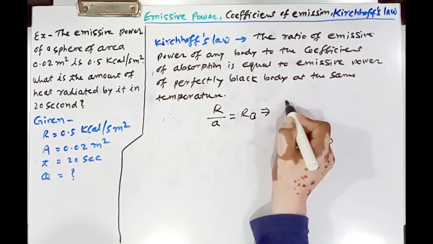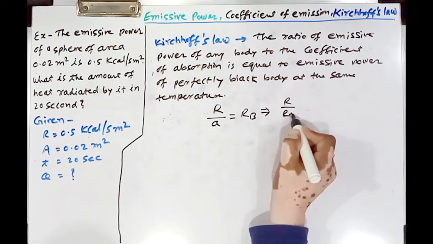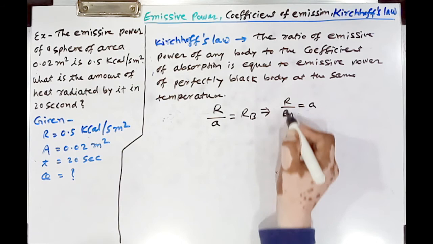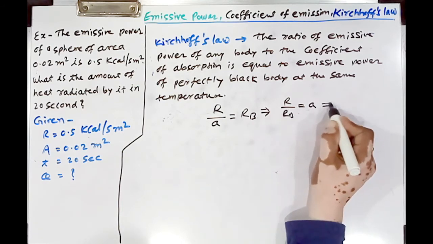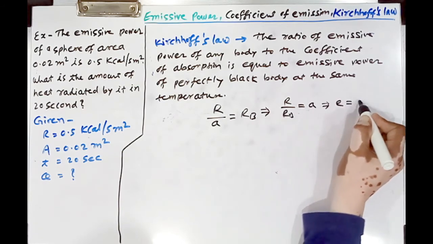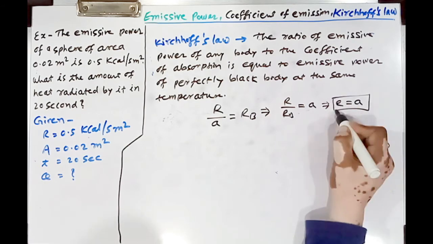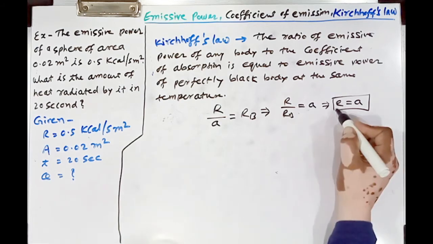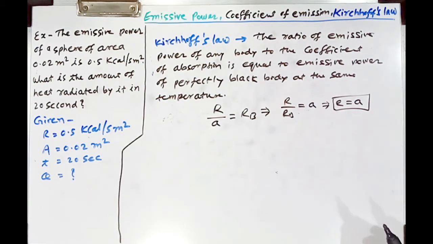This also implies R upon R_B is equal to a. But we know that R upon R_B is equal to small e. Therefore e is equal to a, where small e is called coefficient of emission. So according to Kirchhoff's law, the coefficient of emission is equal to the coefficient of absorption.